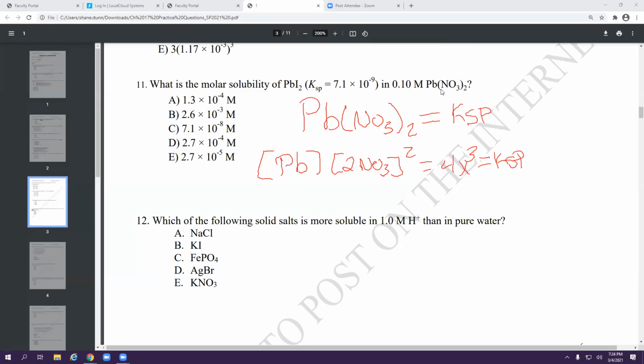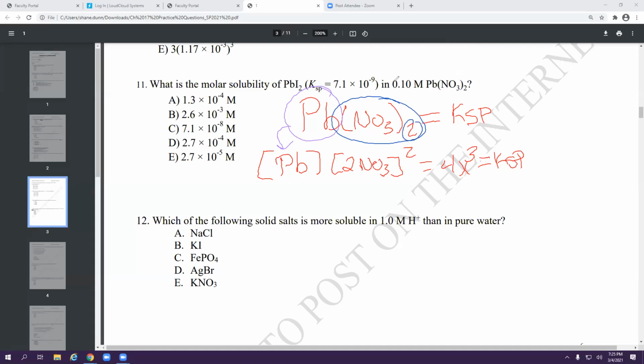Shane, how are you getting 4x cubed? Okay. How many lead atoms do I have in that thing, Madison? 1. So I just make that a concentration of 1. How many nitrates do I have here? 2.